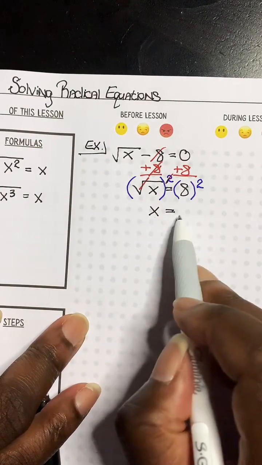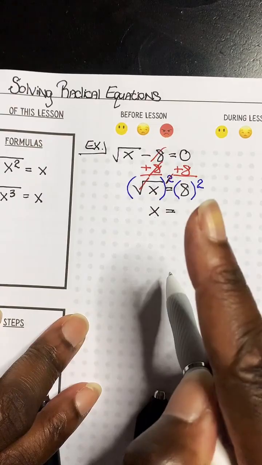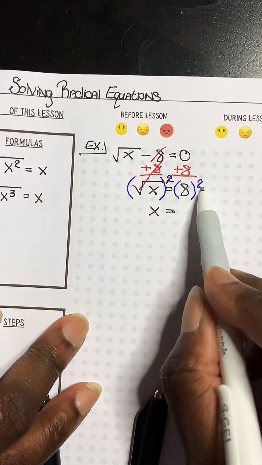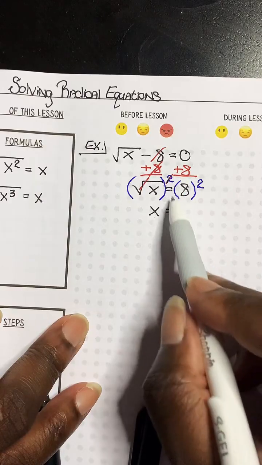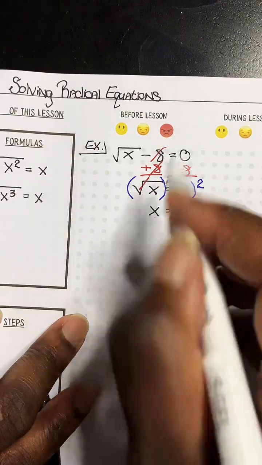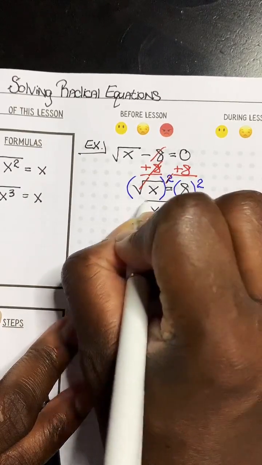And now we have x equals 8 squared. 8 squared is not 16. This is not 8 times 2. This is telling me I have this base of 8, and I'm going to multiply it to itself twice. So that's 8 times 8, which gives me 64.